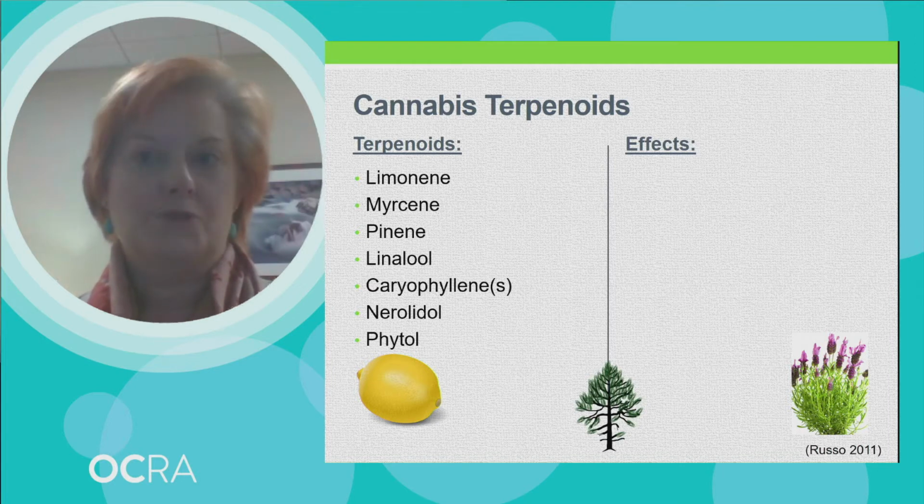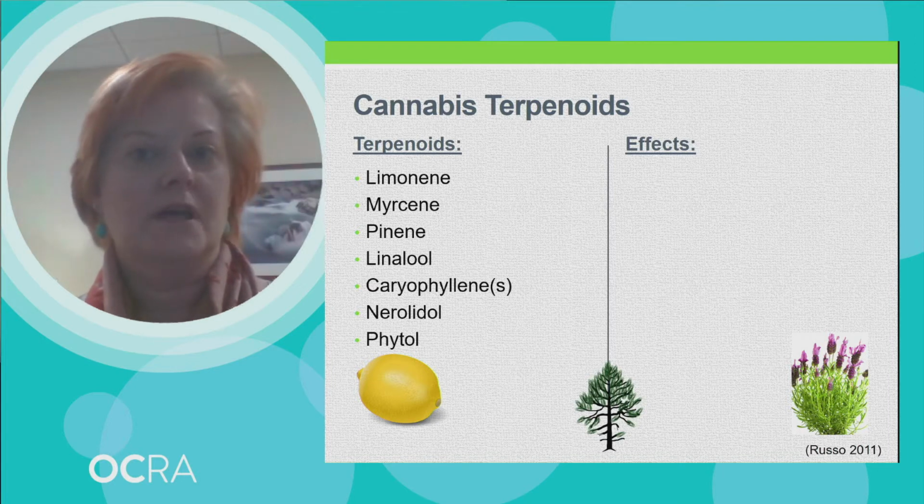And what's interesting about the terpenoids is that they're not just found in the cannabis plant, but they also happen to be found in a lot of other botanical species, many of which are ones that we might use. For example, limonene, as you might guess, is found in lemons. Pinene is found in pine needles. And linalool is something that's found in lavender.